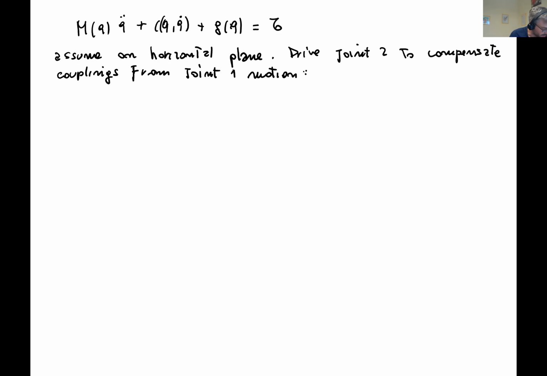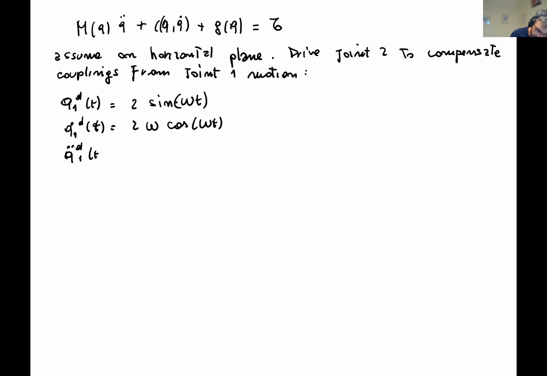The motion we want joint 1 to follow is a sinusoidal motion. This is the desired trajectory, sine of omega t with an amplitude of 2. If we look at the derivative, to be consistent, we get 2 omega cosine of omega t. And the derivative again, for the acceleration, gives minus 2 omega squared sine of omega t.